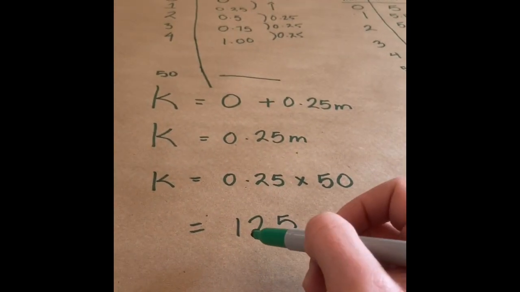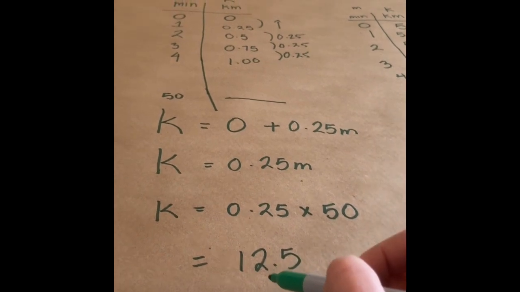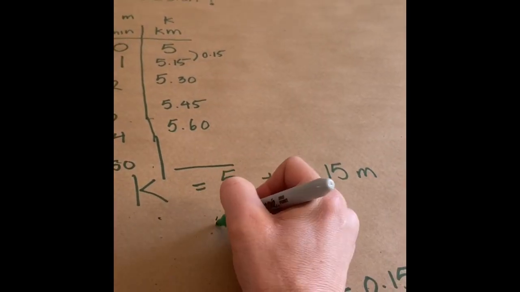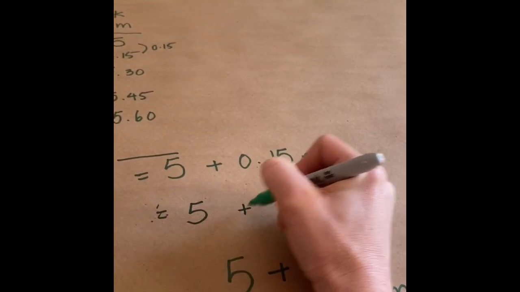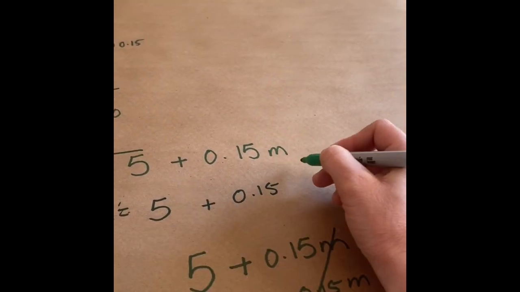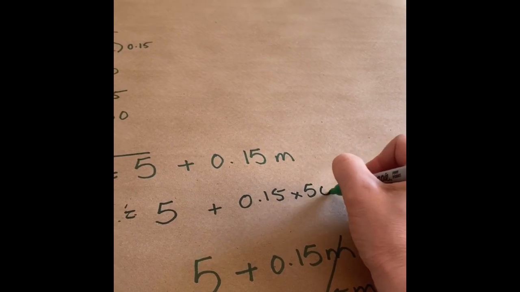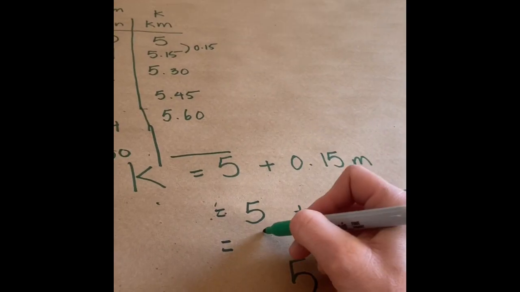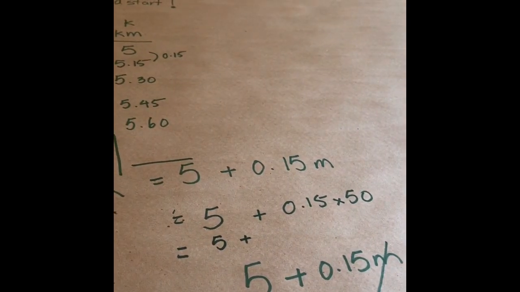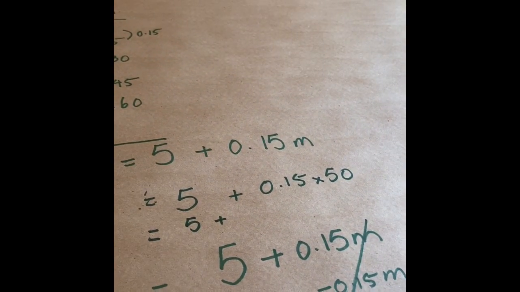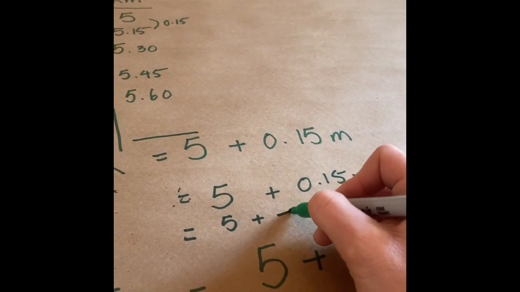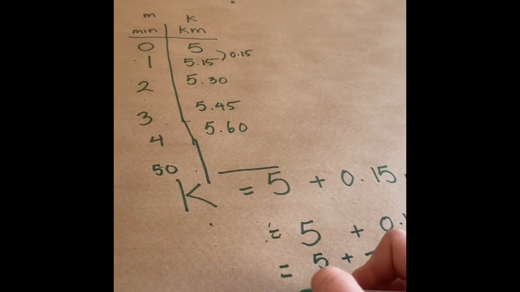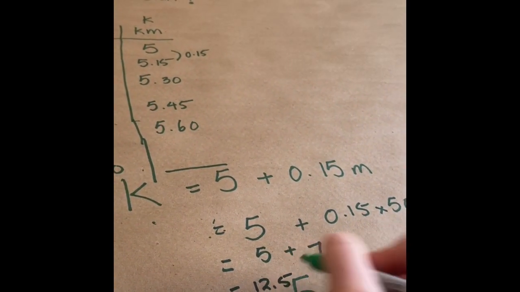Let's check to make sure we didn't make a mistake. The way we can check that is by trying the other equation. So I'm going to use my husband's equation. His kilometers start at 5, they go up 0.15, and the minutes are times 50. So 5 plus 0.15 times 50. 0.15 times 50, I believe, is 7.5. 5 plus 7.5 is equal to 12.5.